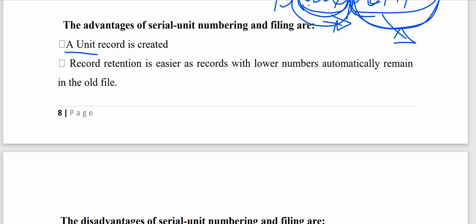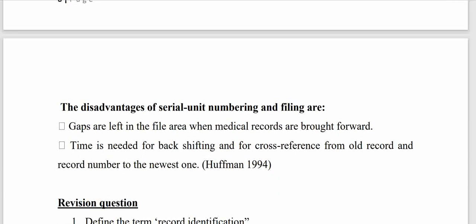Destruction. So the movement of those records becomes easier because basically the numbers will be reducing from larger to smaller. So basically, there are also disadvantages. Number one, there is a gap which is going to be left between those two numbers.